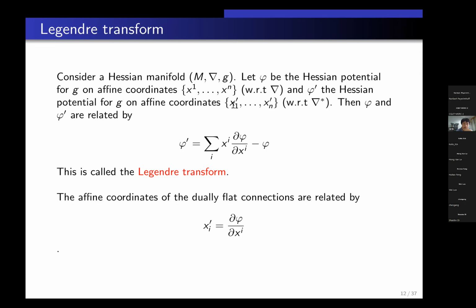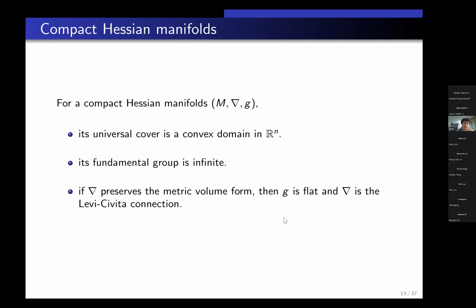And the prime denotes the affine coordinate corresponding to the dual connection. Actually, the Hessian potentials of these two dual connections are related by the Legendre transform. More explicitly, you can use this one. The affine coordinates are related in this simple form.